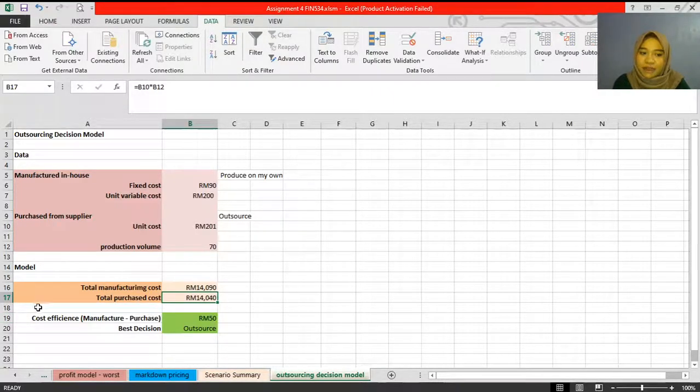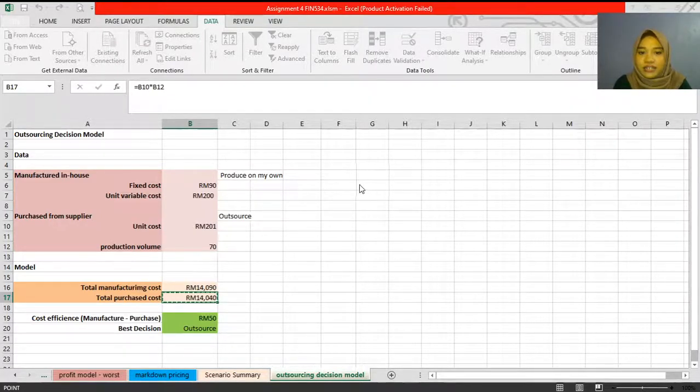So how I decide which is more cost efficient is I take manufacture minus purchase, so RM50. Why RM50? Because I want to change it to RM50, so I use What-If Analysis, using Goal Seek.